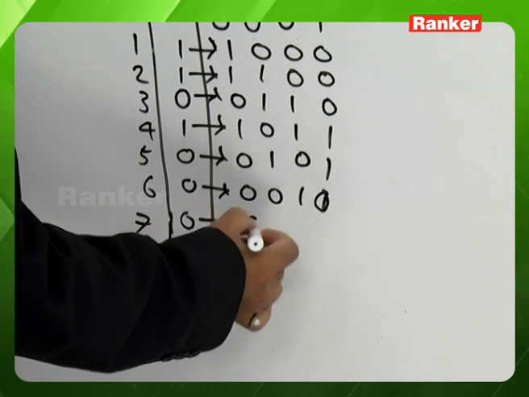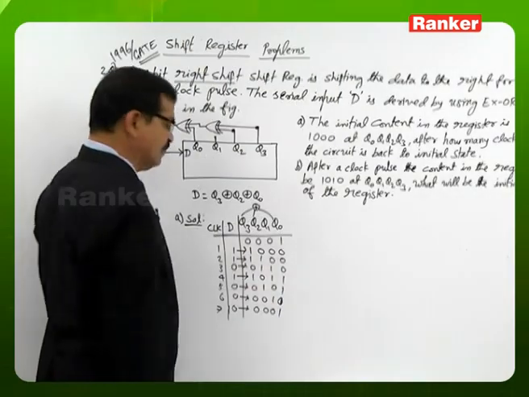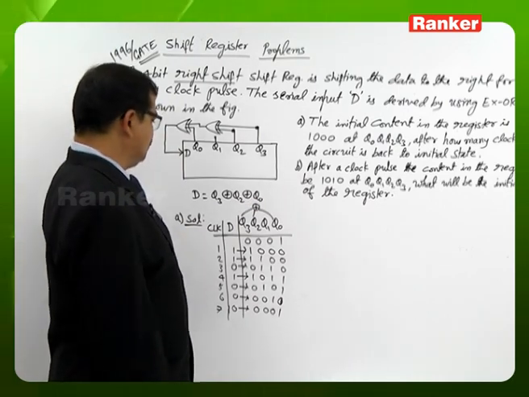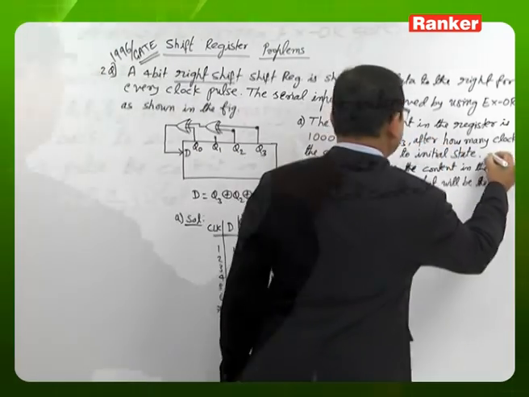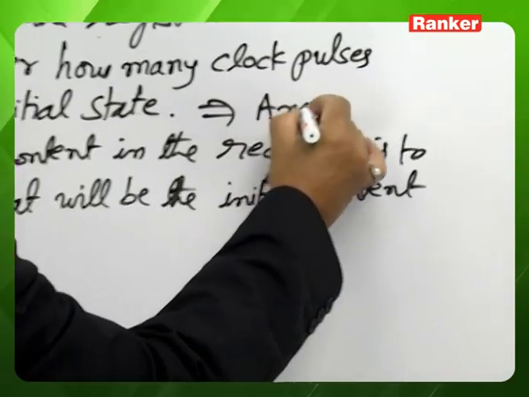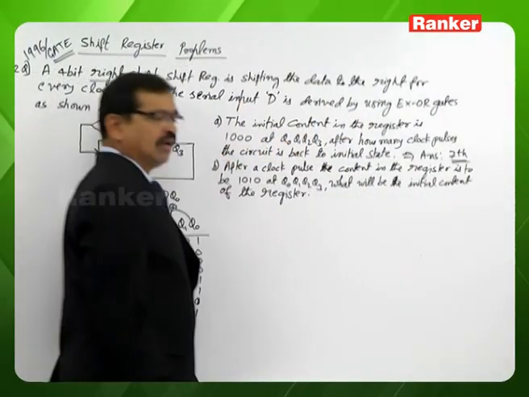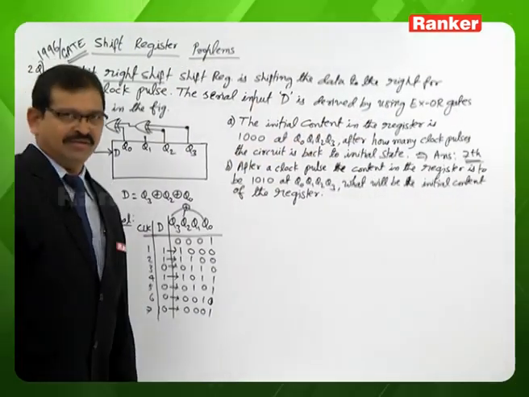So after the seventh clock pulse, we are looking that the circuit is back to the initial state. Hence, the answer to this A bit is 7. The circuit is back to initial state after the seventh clock pulse. It is the correct answer.